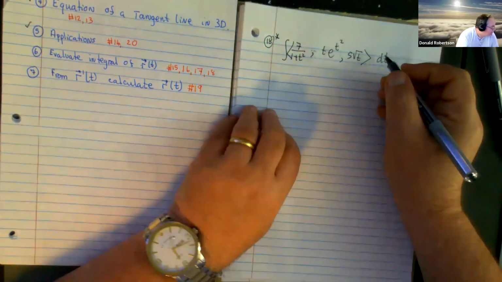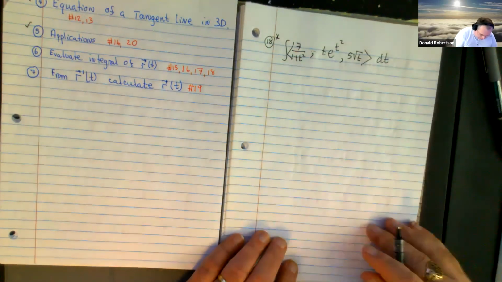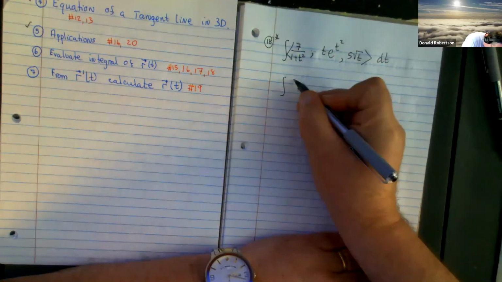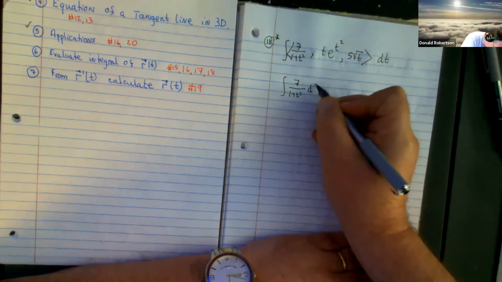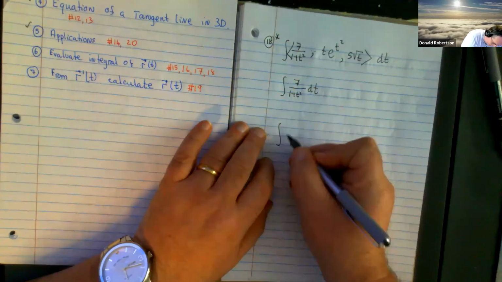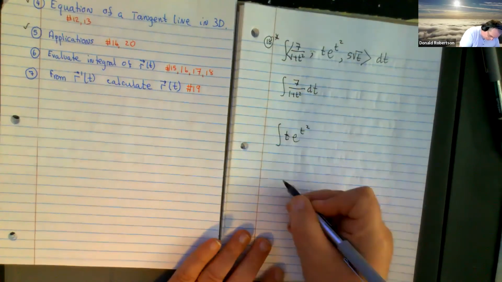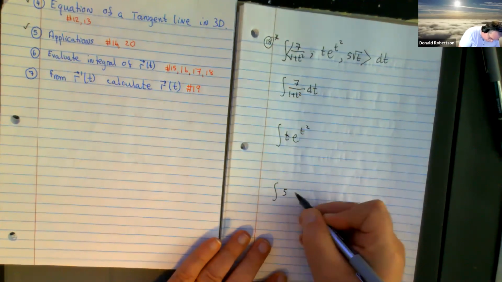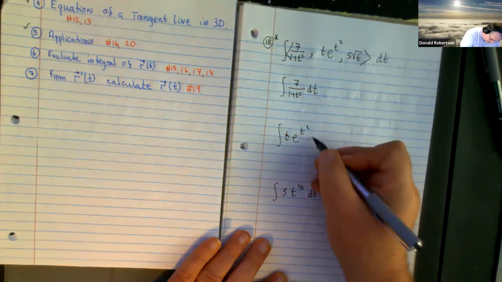We're going to do basically just a general integral with a plus C at the end. There's the first one, there is the second one, and I'm going to rewrite the square root as 5t to the half.